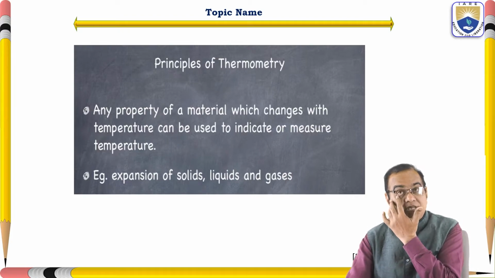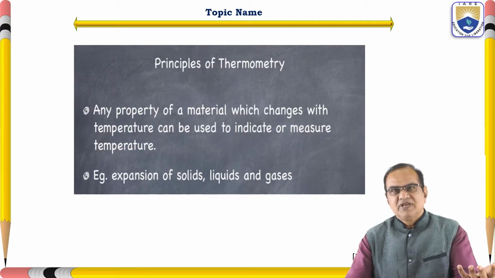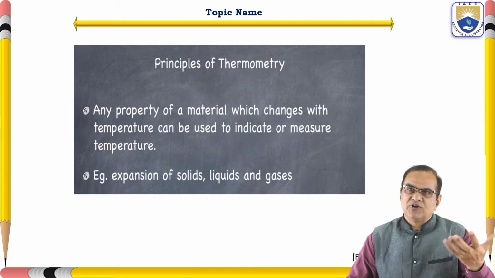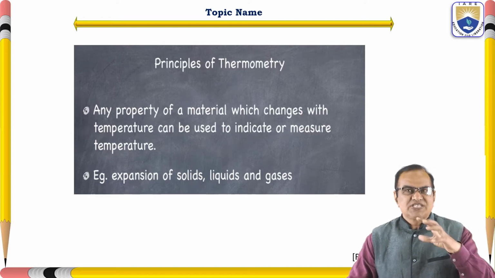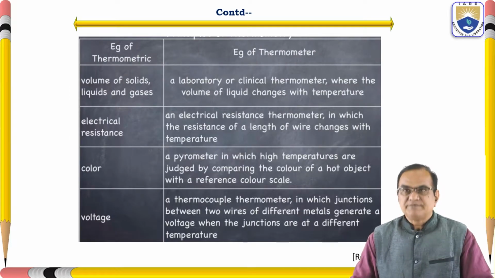If you increase the temperature, it will expand: expansion of solids, liquids and gases. So the volume can change. The pressure also, the resistance also. These things can be used for measurement of the temperature.